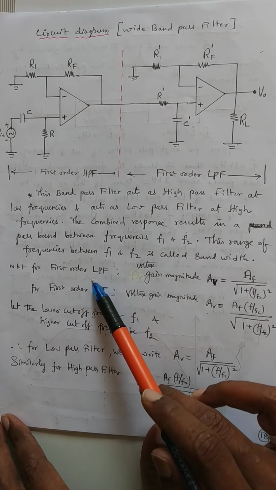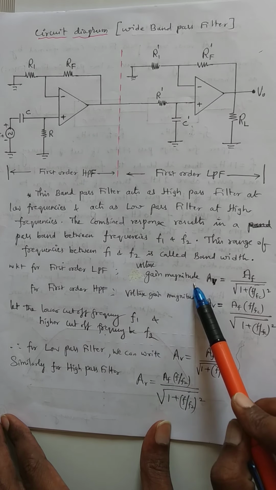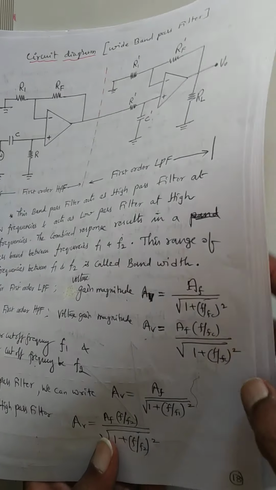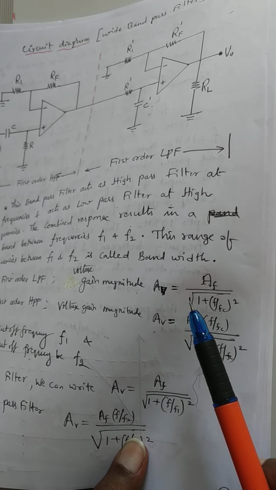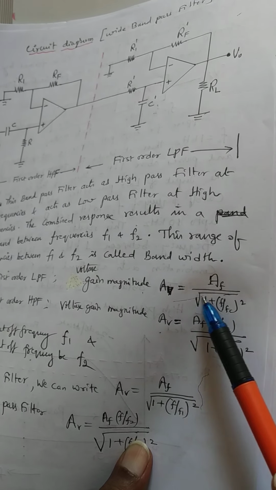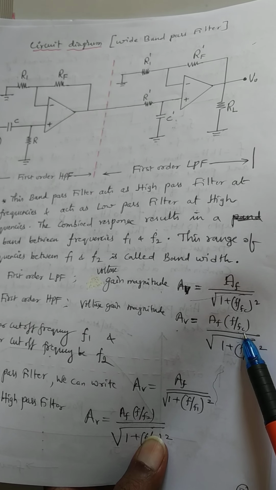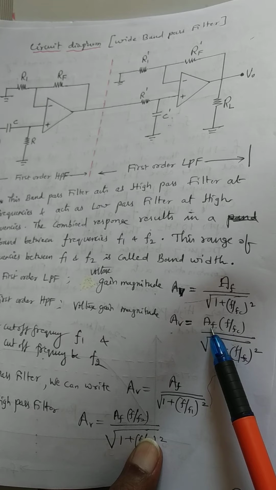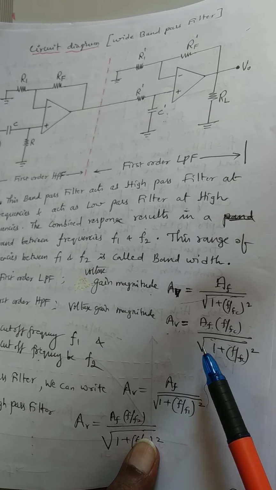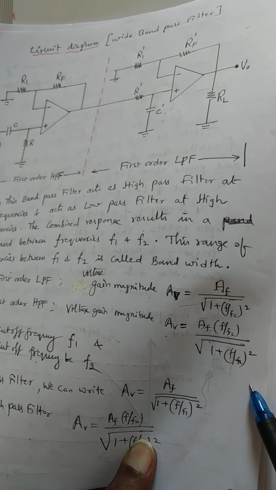We know that for a low pass filter, the voltage gain formula is given by AF divided by, you can see here, AF divided by root of 1 plus (F by FC) whole square, which we derived in the last video. And this is the voltage gain formula for a high pass filter, that is AV is equal to AF into F by FC divided by root of 1 plus (F by FC) whole square, where FC represents the cutoff frequency.